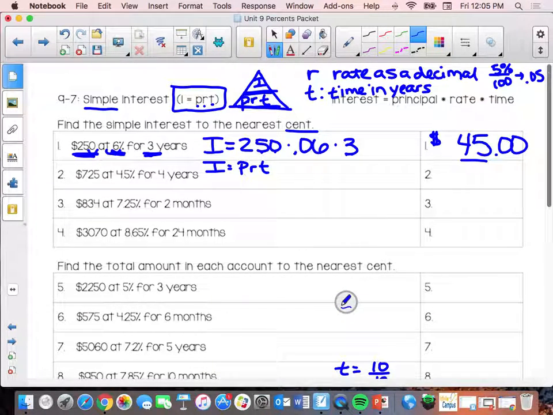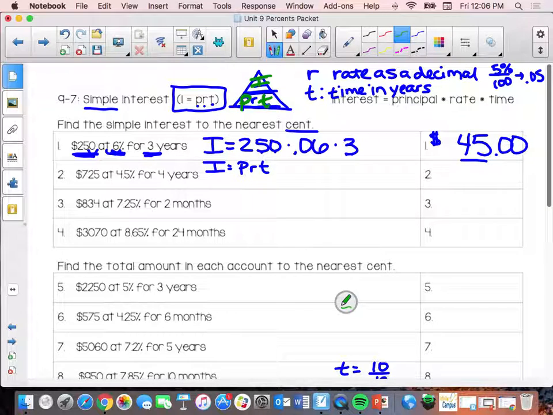If you take a look at this triangle, notice that in this problem that we just did, we had the interest and we had the principal and we had the time. Basically what we ended up doing was taking the interest and dividing by the principal and the time multiplied together. So that will work every time. If you have just the numbers down here, then you're going to multiply them.